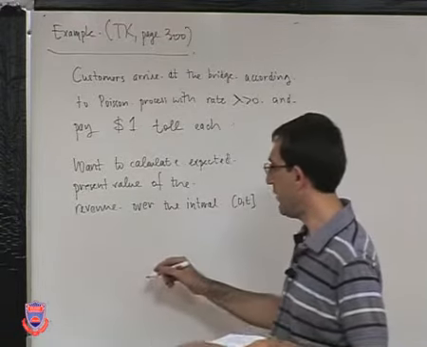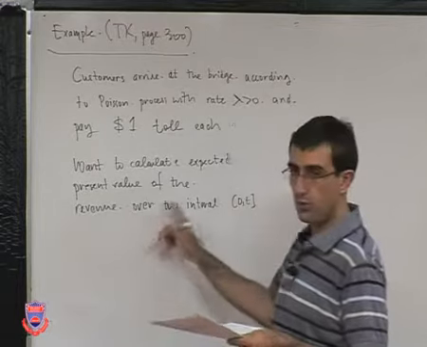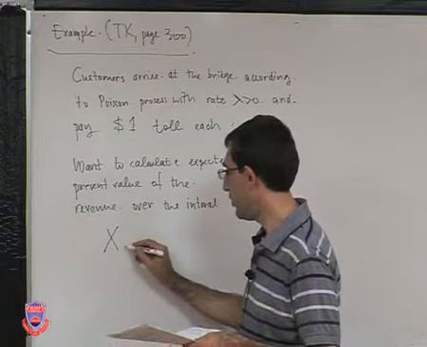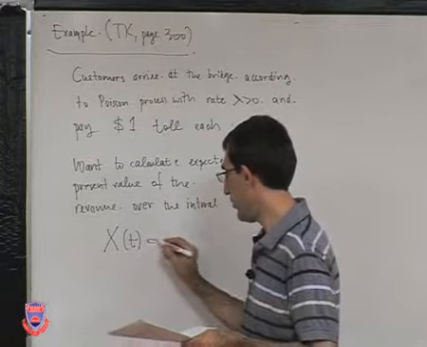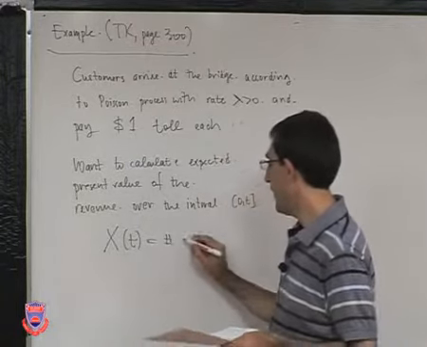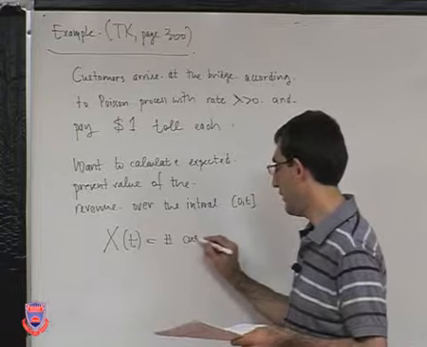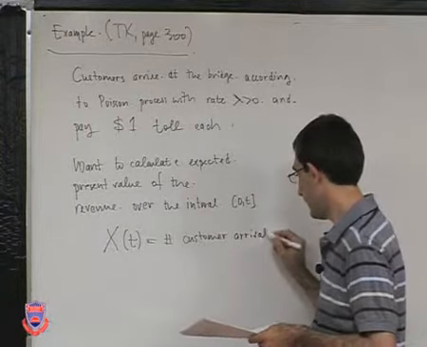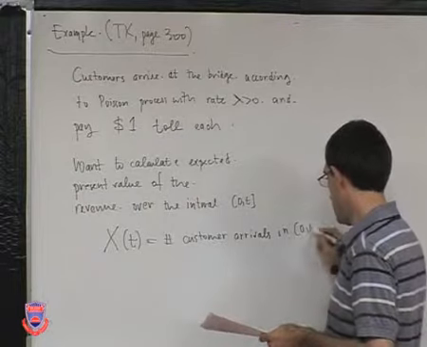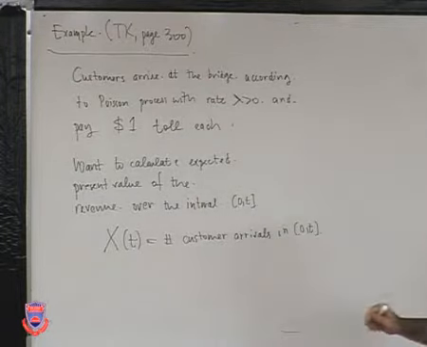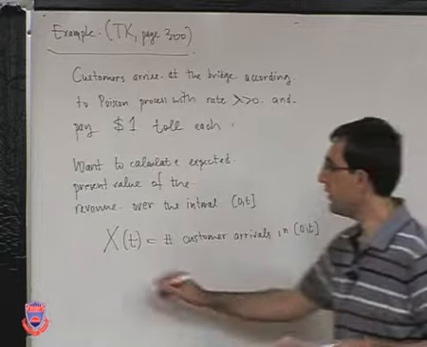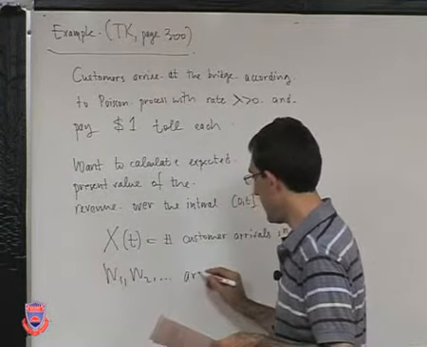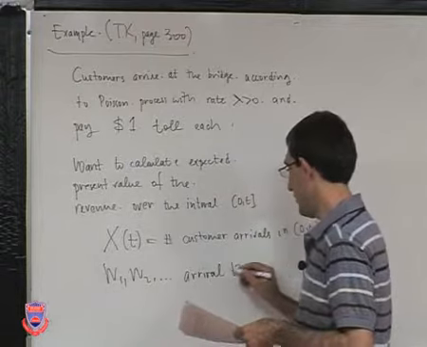And what is this? We should be able to write this first. Let us first again use X_t to denote the number of customer arrivals in this time interval, and let us denote by W1, W2, and so on their arrival times.